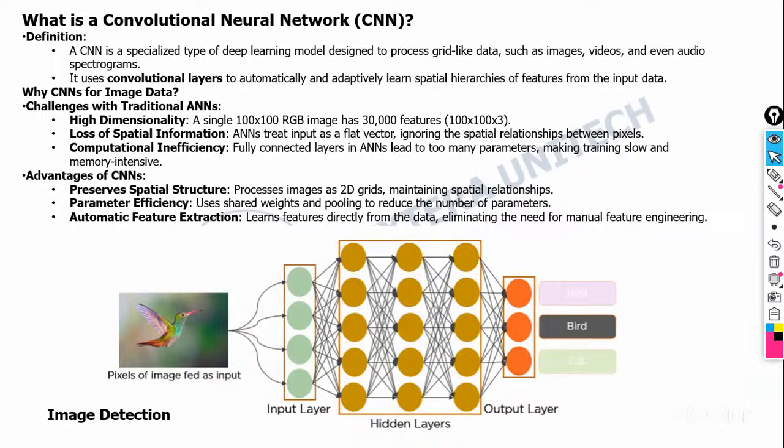Do respond to my questions. No, okay. Because if you are clear on the definition of convolution, you are done with CNN. That is where the important concept lies.